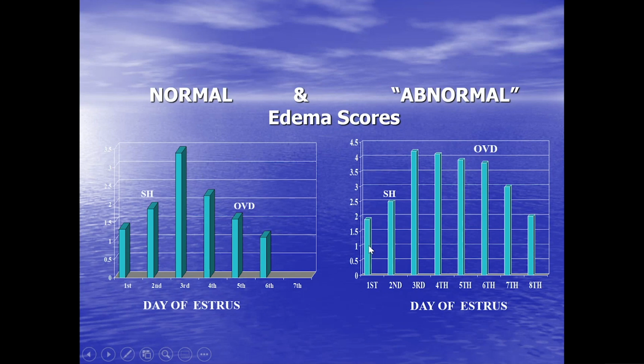Not so in your abnormal mare. That may be a windsucker, may be prone to fluid accumulation. Yes, they may still be on a decreasing edema pattern, but overall, much more marked endometrial edema. So just learn to interpret your endometrial edema scores with a little bit of caution, thinking that they can be significantly greater in your, in inverted commas, abnormal mare.